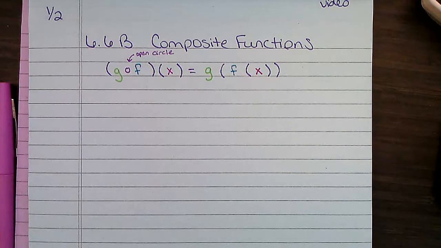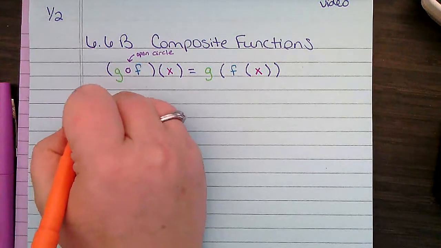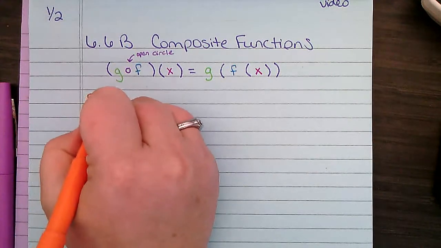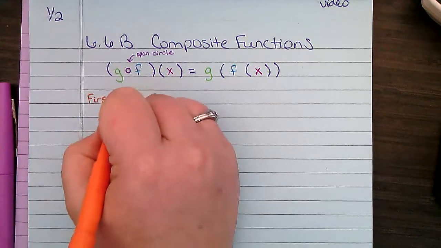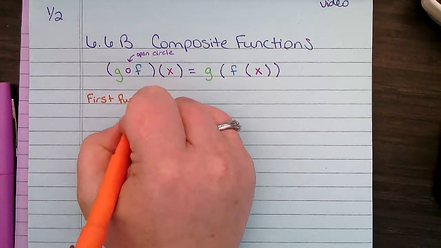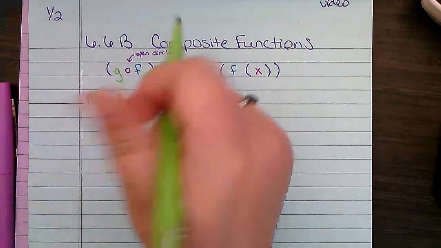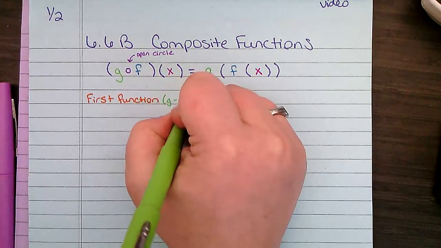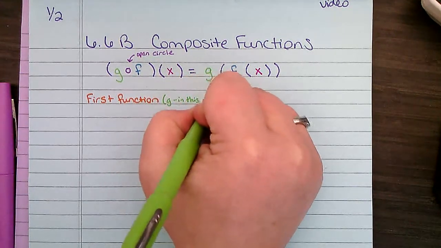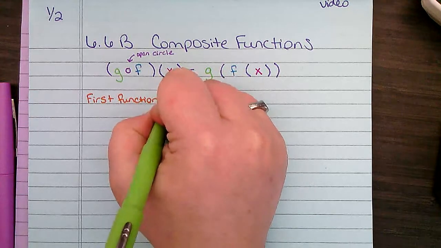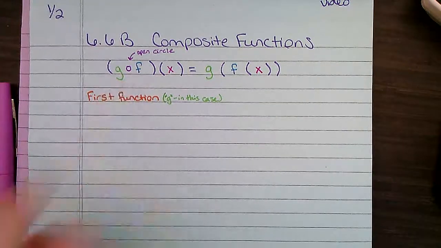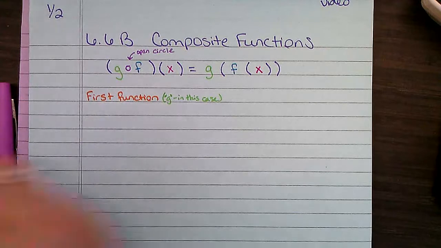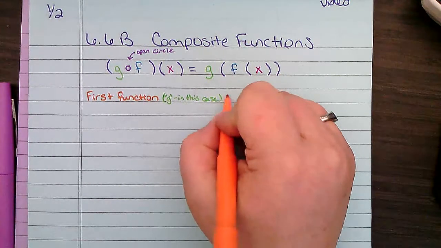So let's write that out in words. The first function, which was g in this case, is on the outside.